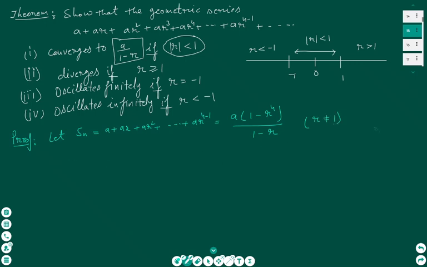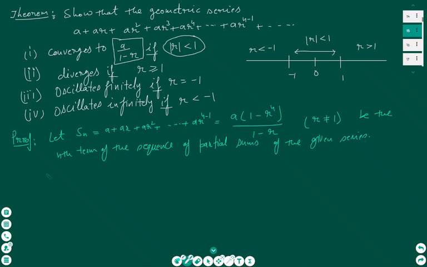All right, let Sn be the nth term of the sequence of partial sums of the given geometric series.